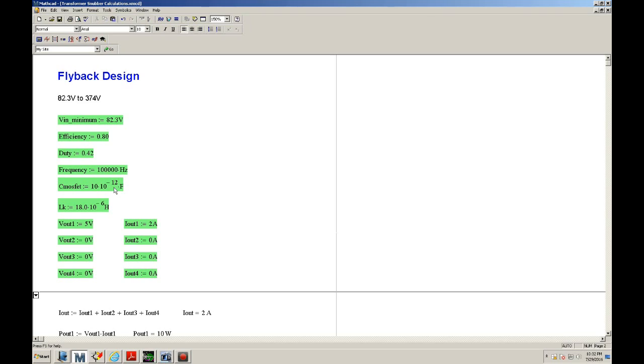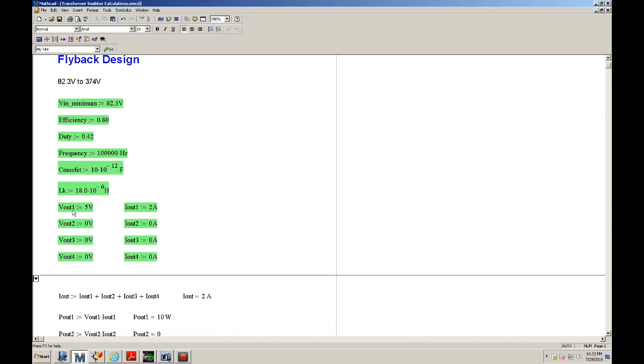That's very, very low, but I just wanted to make a noticeable voltage spike. Remember, if you make this CMOS bigger, it reduces the voltage spike. In this case, I left it small, that way the voltage spike would be higher. And I'll be using a leakage inductance of 18 microhenries. On this one, I'm going to assume my voltage is 5 volts, 2 amps.